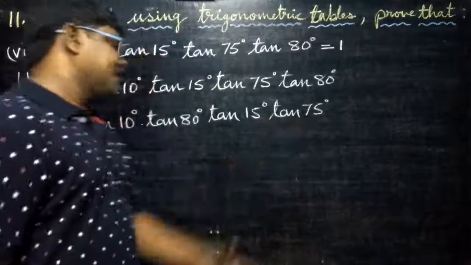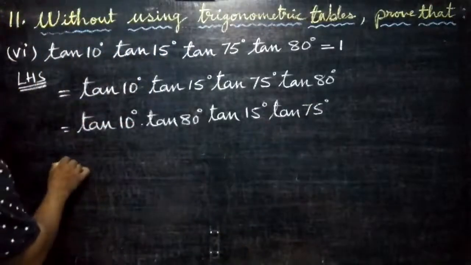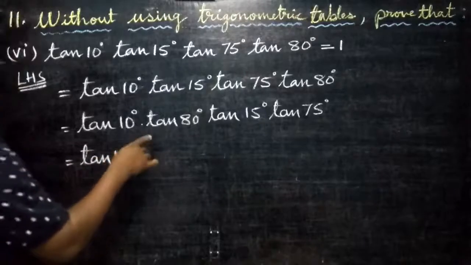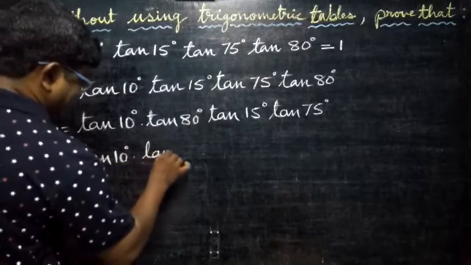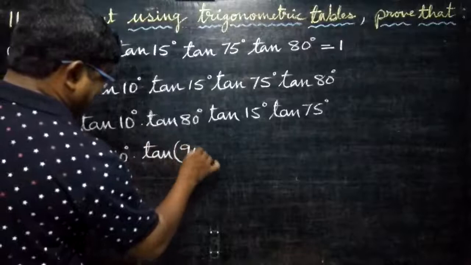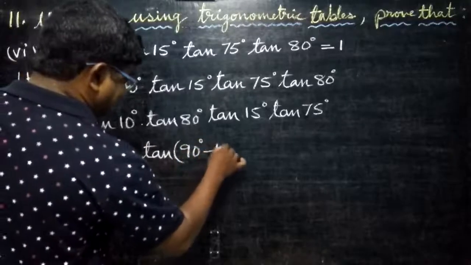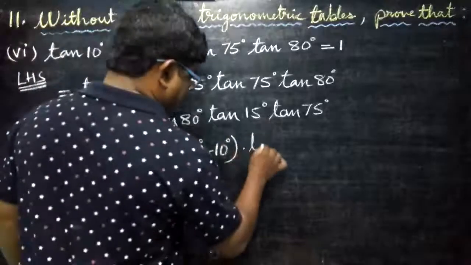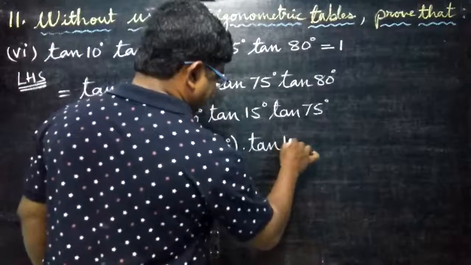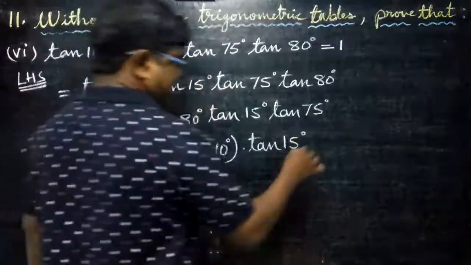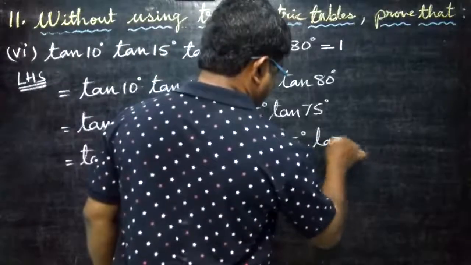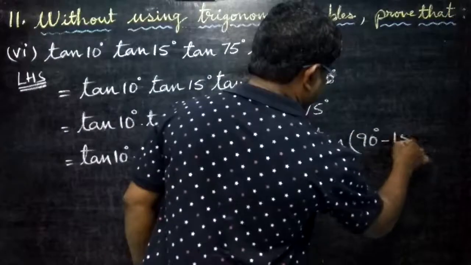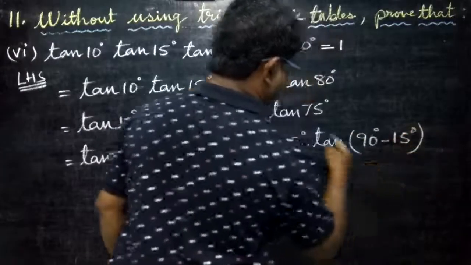Complementary angles. So now tan 10 degrees I am writing as it is. Now I am writing tan 80 as tan of 90 degrees minus 10 degrees. 90 minus 10 is 80. Tan 15 degrees as it is, and here I am writing tan of 90 degrees minus 15 degrees. 90 minus 15 is 75.